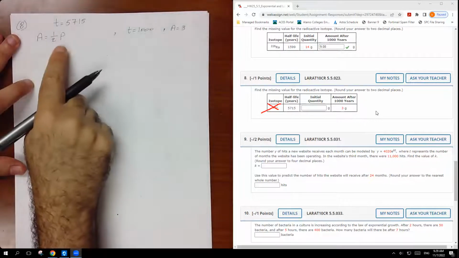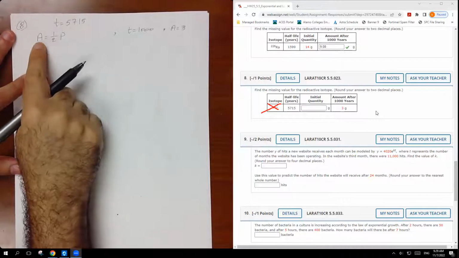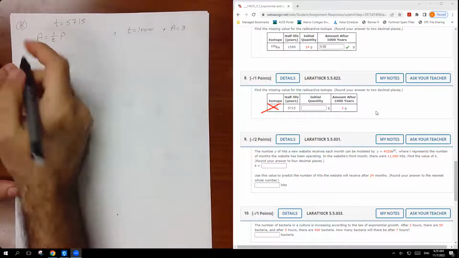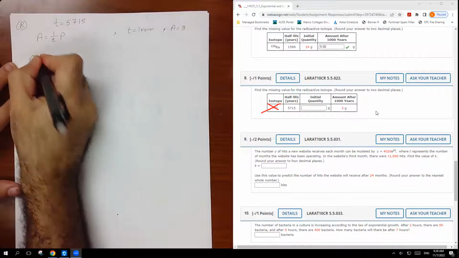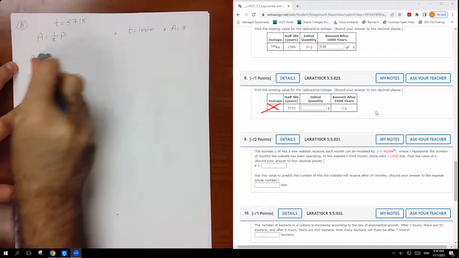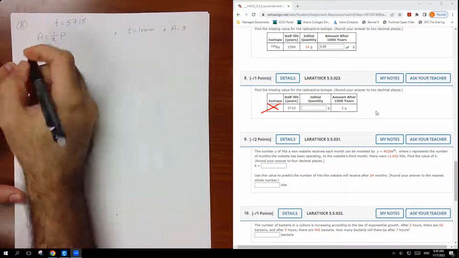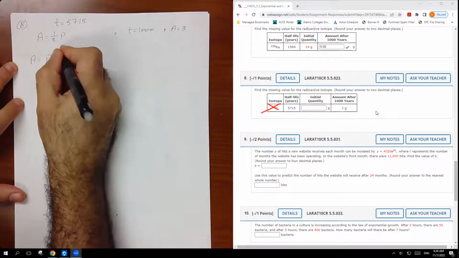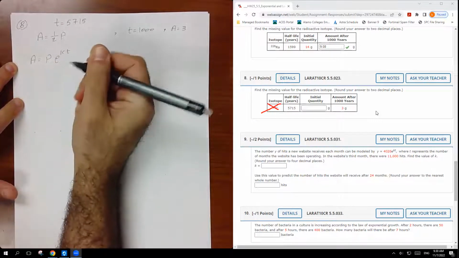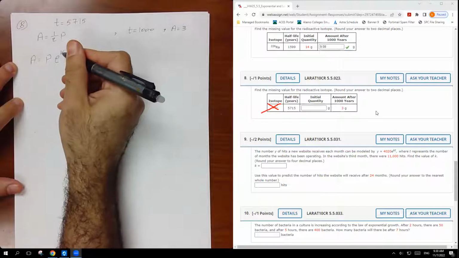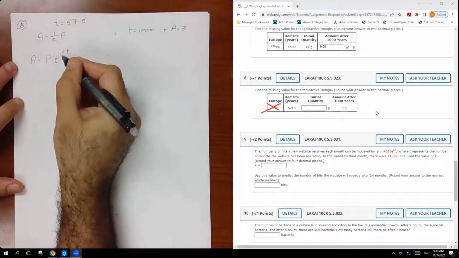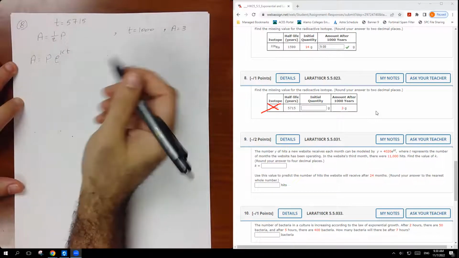But from the first part, I have the future equal half the initial. So if I'm going to use the formula A equal P E K T, don't confuse yourself between K and R, it's the same thing. But we're using K when it's growth and decay.